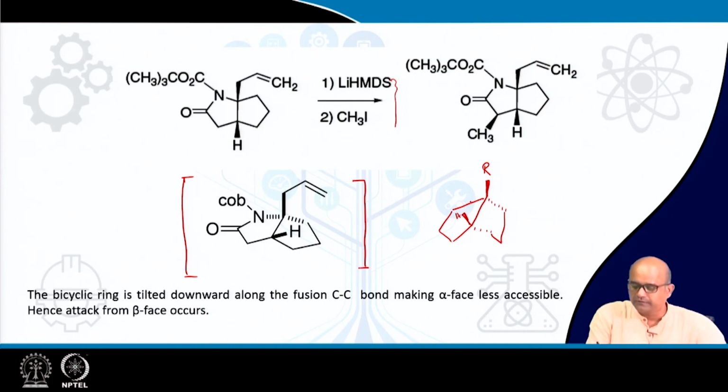Now you can easily see this part was very much squeezed or narrow. So one of the enolate faces is very narrow, but on the contrary the top face is openly available, so always the beta face attack occurs.